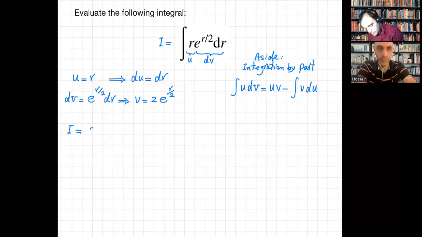So it is 2 r e to the power of r over 2. That's the first term of the relationship for integration by parts.